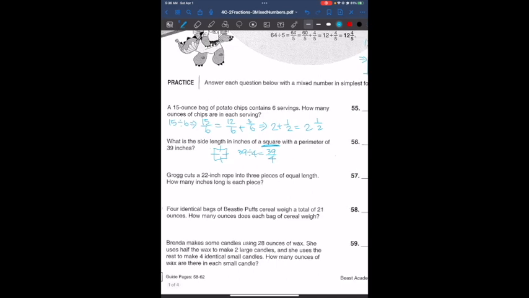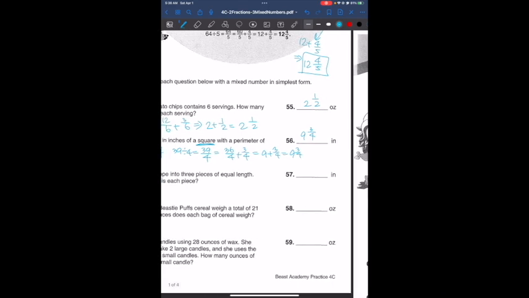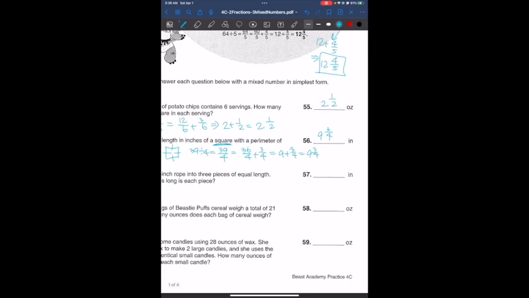And we know that this is a combination of 36 over 4 plus 3 over 4. And 36 over 4 is 9. So this is 9 plus 3 over 4, or 9 3/4. So each side is going to be 9 3/4 inch.